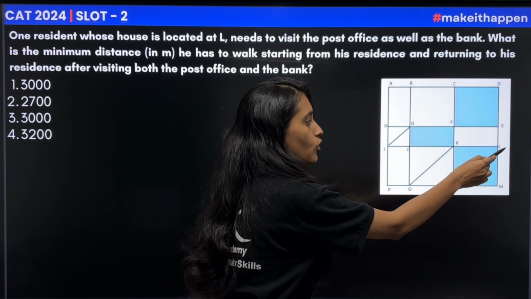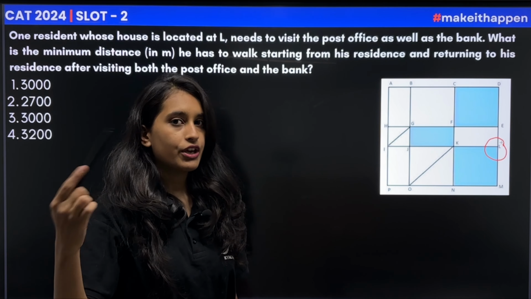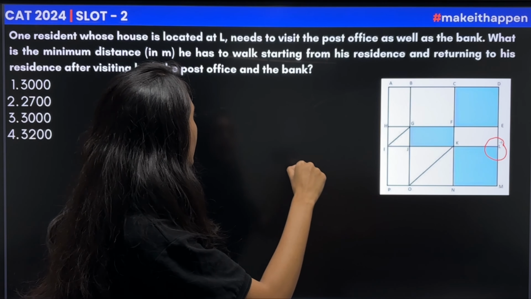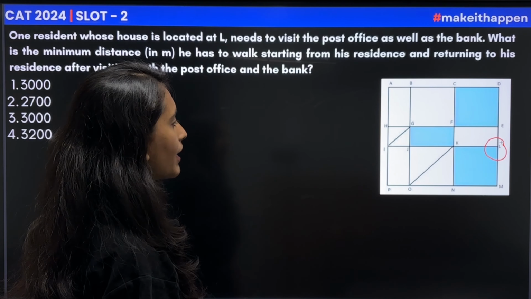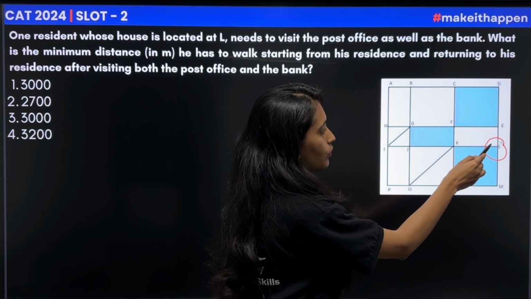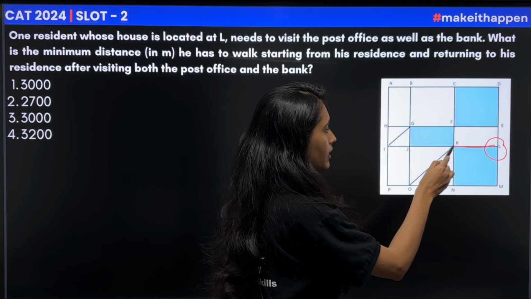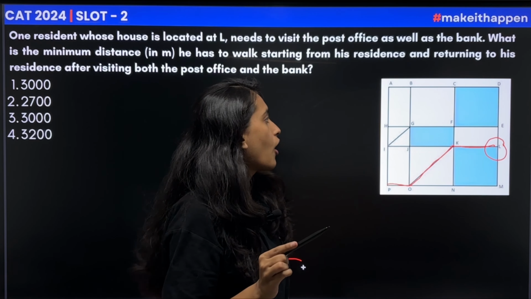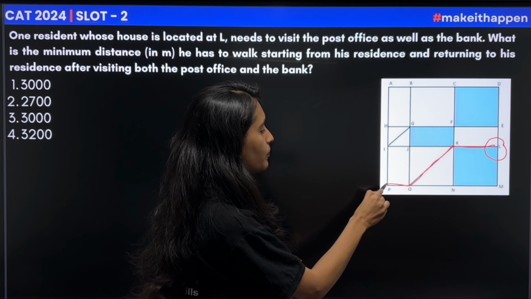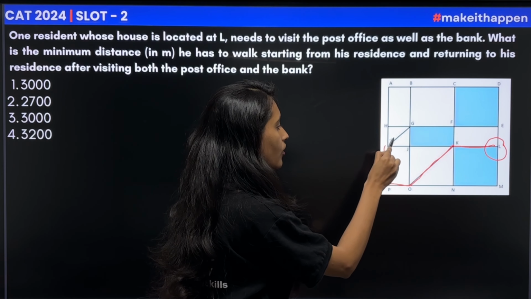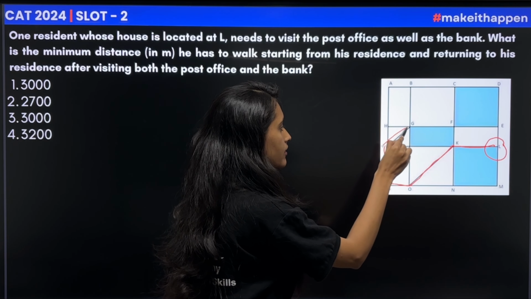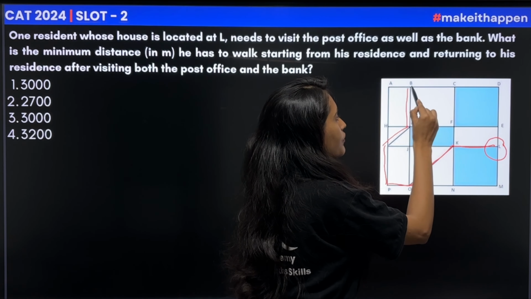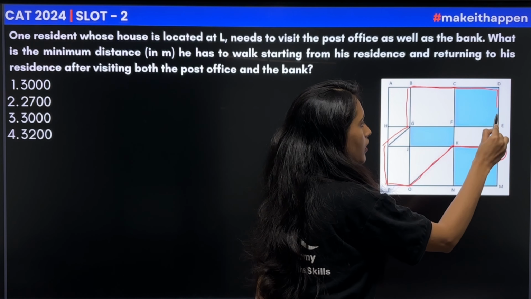He starts from L, goes to the post office and to the bank and then returns back to L. For going to the post office we can find this path. From the post office to the bank we can find this path, and for going from B to L we have to go through this path.